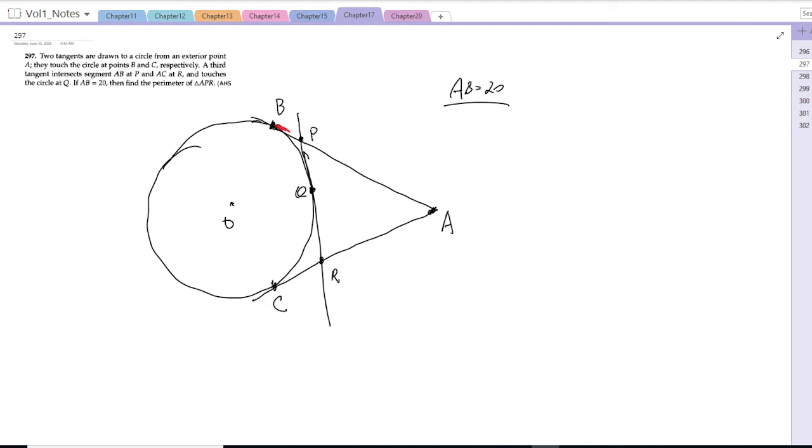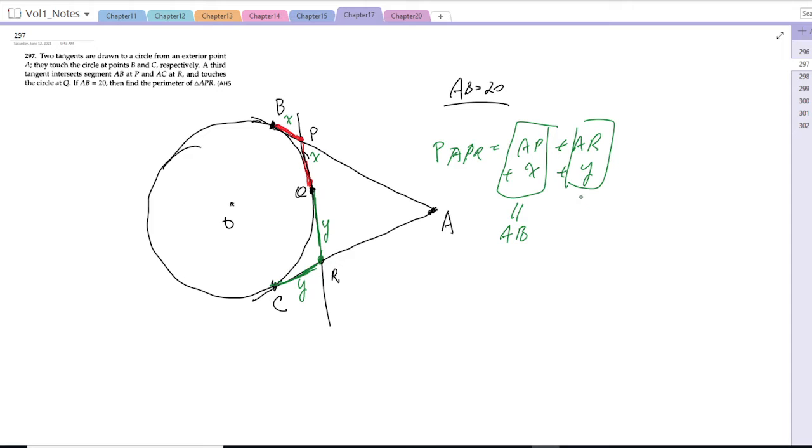From point P, PB and PQ are tangents, and from point R, RQ and RC are tangents. So if this is X, this is X. If this is Y, this is Y. Then the perimeter of APR is AP plus AR plus X plus Y. AP plus X is AB, and AR plus Y is AC.